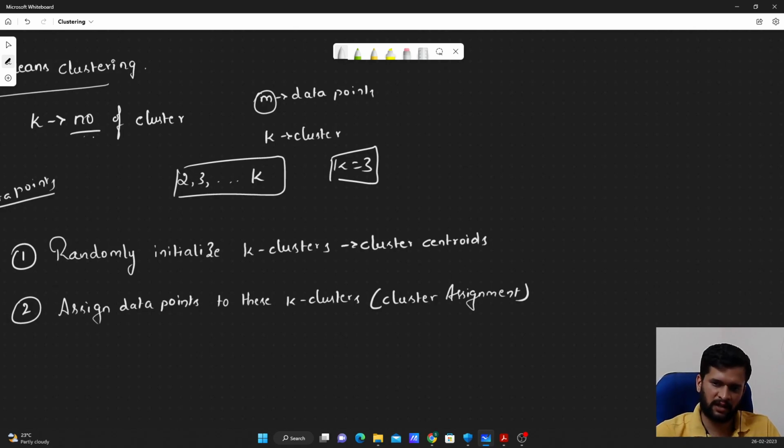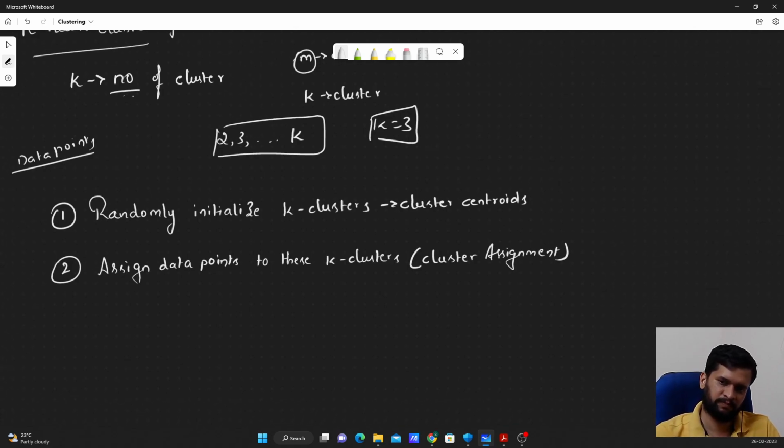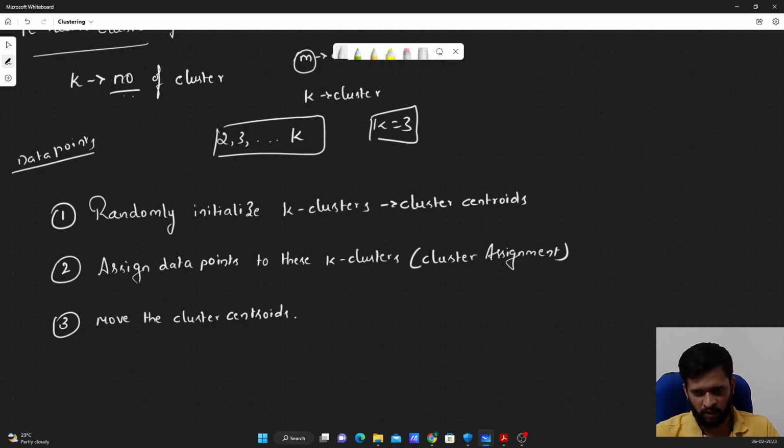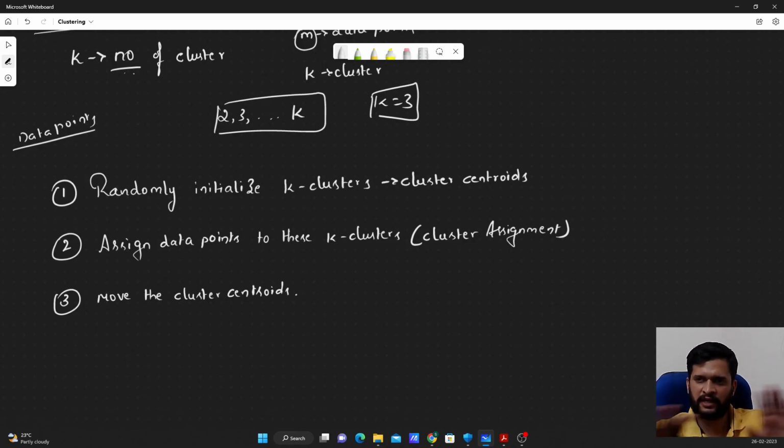And then in the third step, we will move the cluster centroids. Move cluster centroids. So I will tell you in detail what do we mean by this. Okay. Now, once we have initialized randomly the k number of clusters, the two most important steps are this.